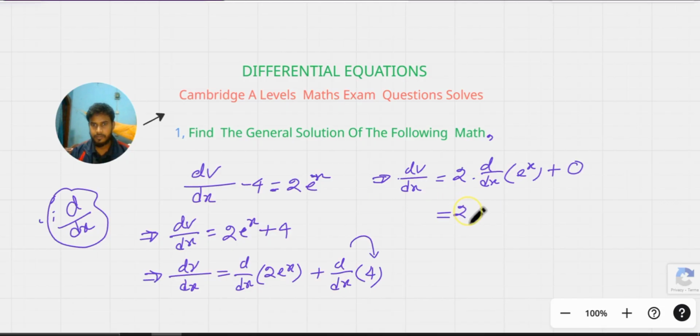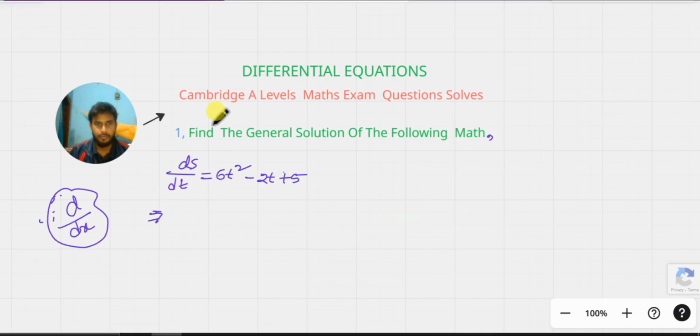And here we will get 2. We know that if we differentiate e to the power x, the exponential function, the result remains the same, so the result will be e to the power x. So the final result will be 2 into e to the power x. This is our final result.